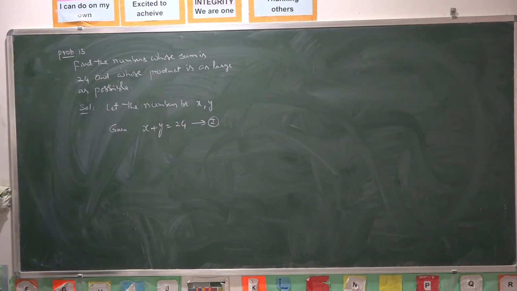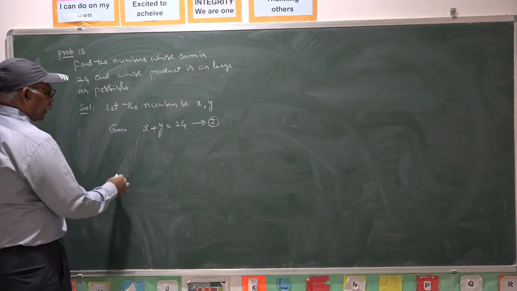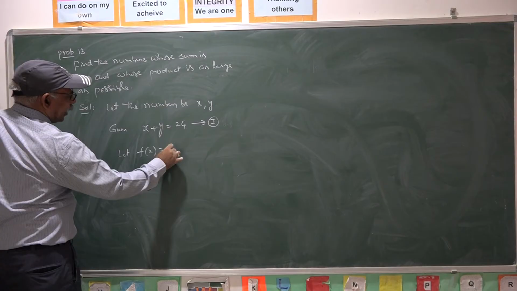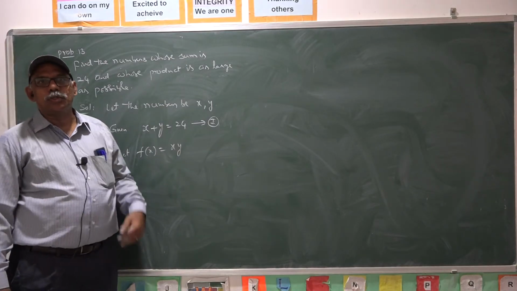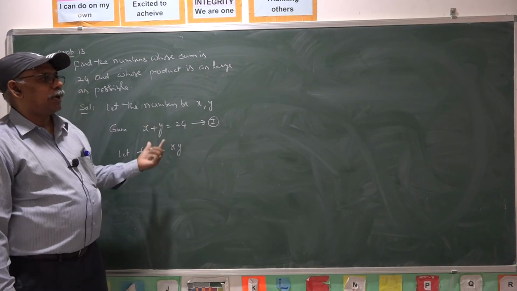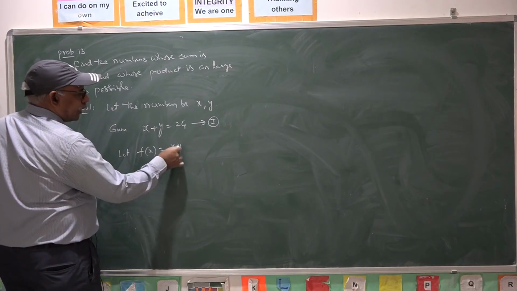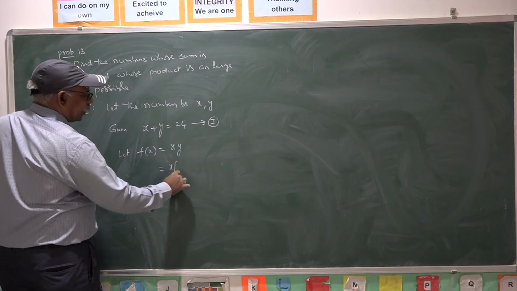Now the product must be maximum. So for that, let f of x be x into y, the product. The function whose maximum and minimum values are to be considered, let us consider it as f(x). You can write y in terms of x because I am taking it as a function of x only.